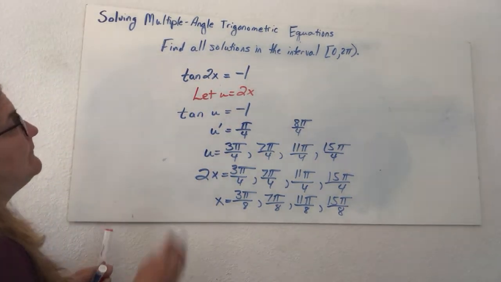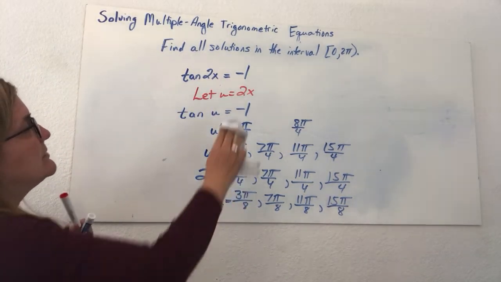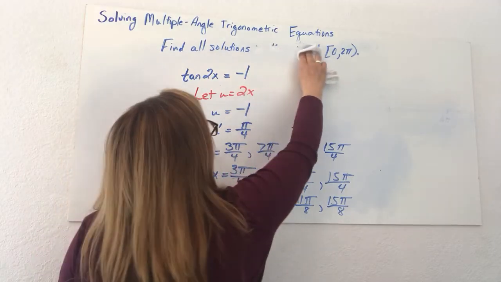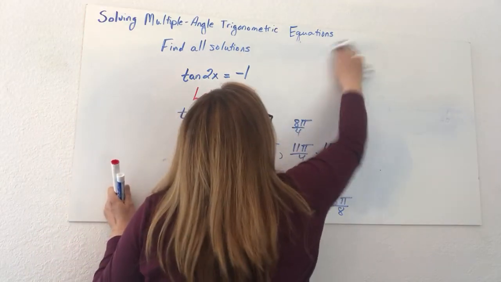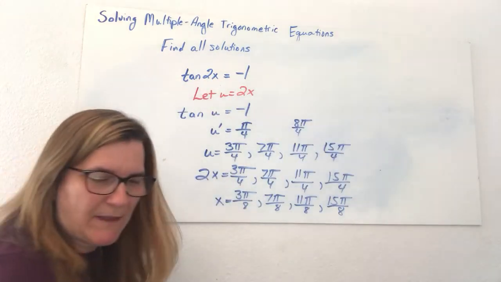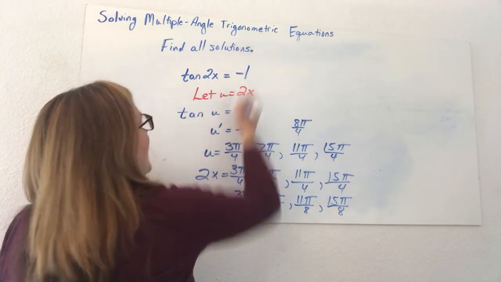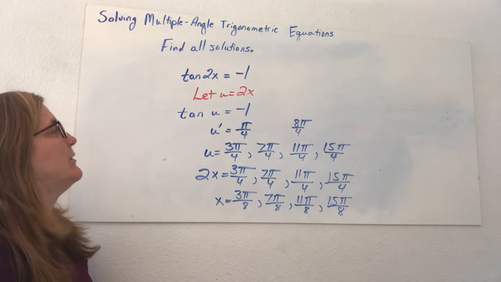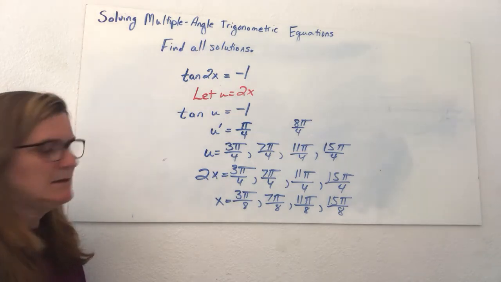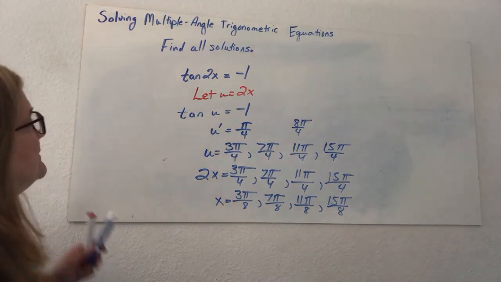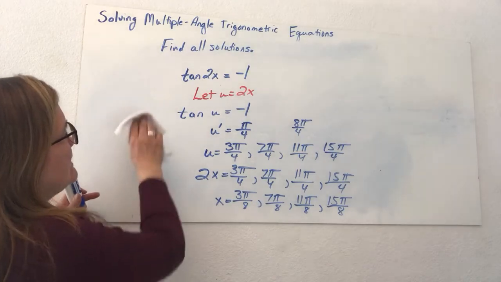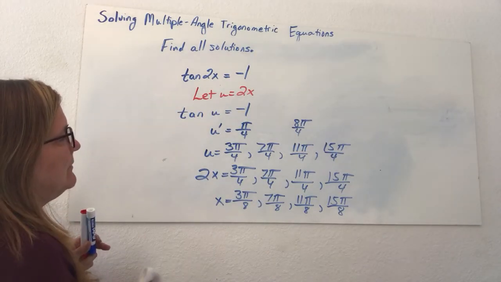Let me just mention one more thing. You might want to find all the solutions. So let's look at this equation again, getting rid of that restriction. Find all solutions, and we know there are an infinite number of them. Remember that we can start much like we did here.